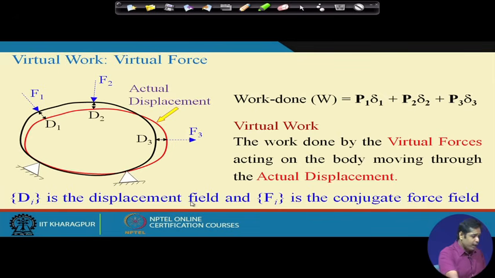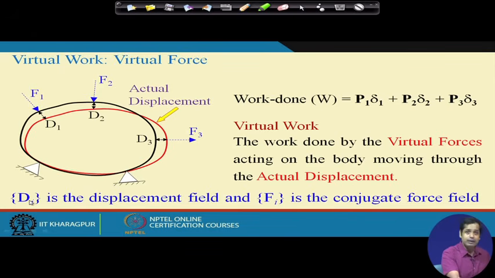In the previous case, the displacement field was conjugate to the force field, but in this case the force field is conjugate to the displacement field. Again, this displacement field is not the effect of this force field, and the force field is not the cause of this displacement.